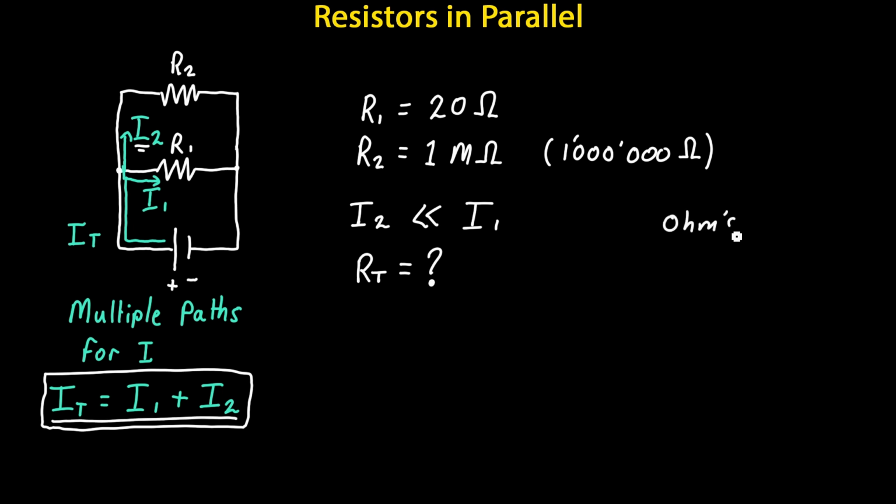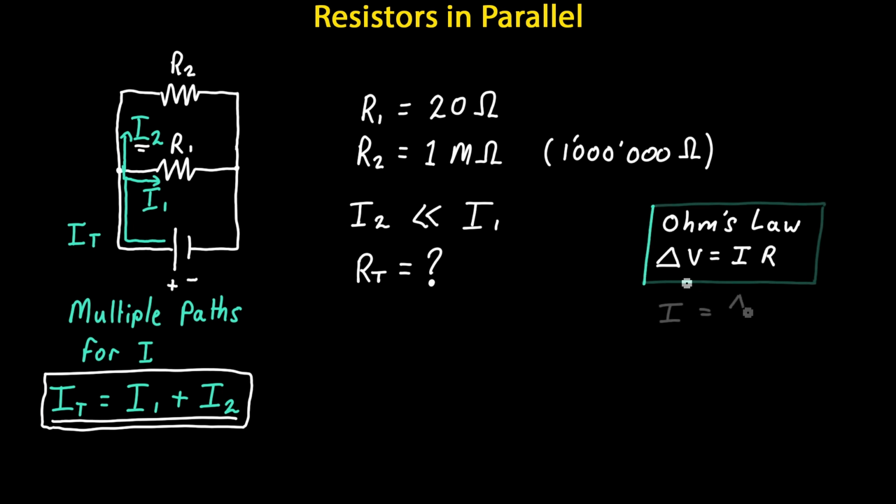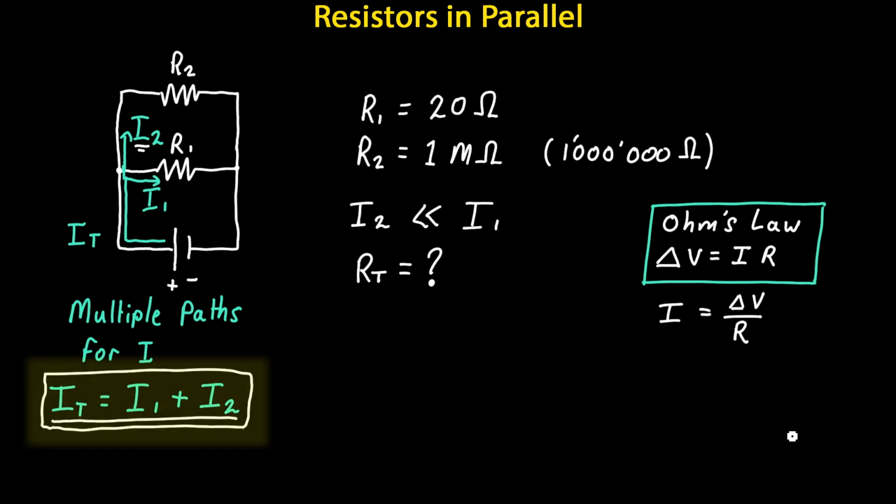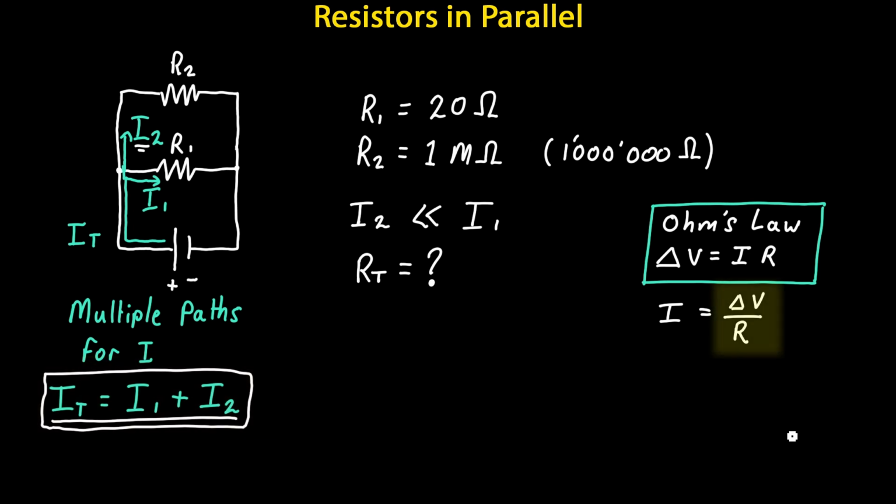If we take Ohm's law, ΔV equals the current multiplied by the resistance, and rearrange it to make the current the subject, we have the current is equal to the voltage drop between the terminals of the battery divided by the resistance of the circuit. We can replace all our current terms with ΔV divided by the resistance.